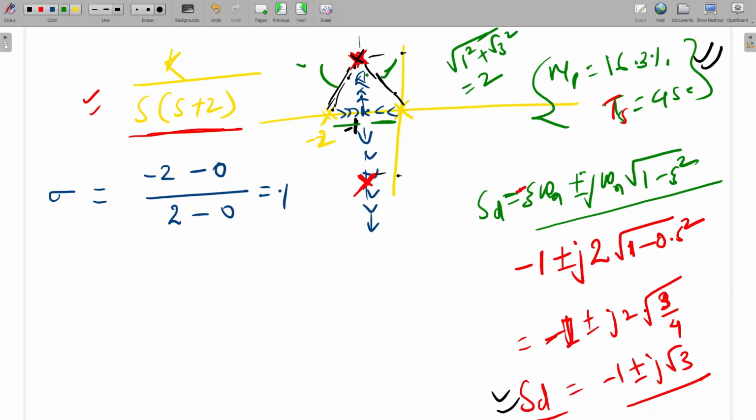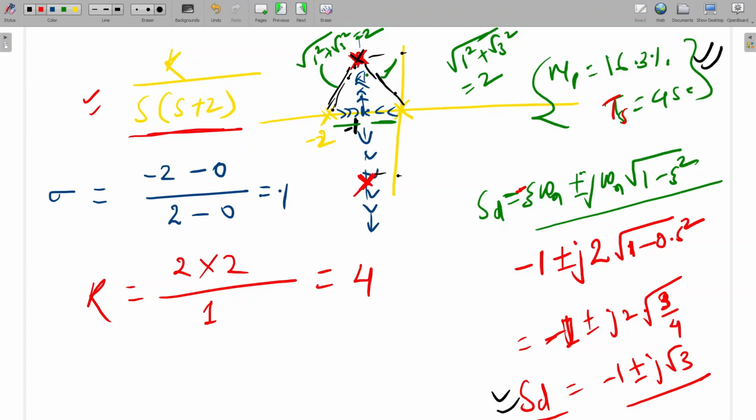So what formula I told: K is equal to the product of distances from the poles, 2 into 2, divided by the product of distances from all the zeros. No zero is there, so here it will be 1, and then it will be equal to 4.